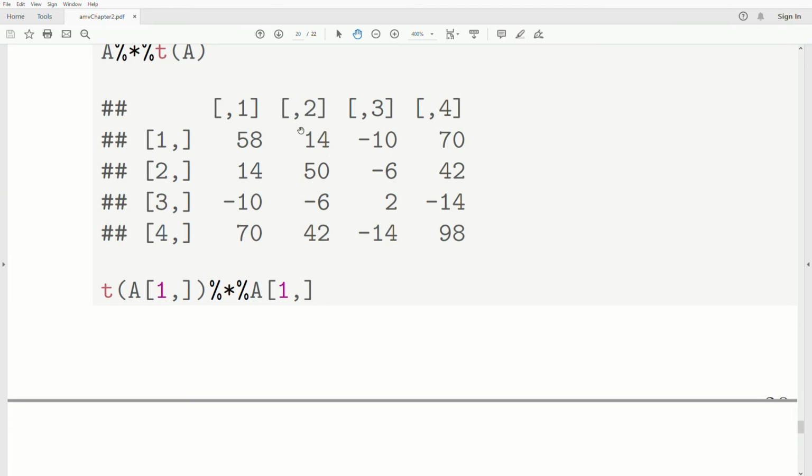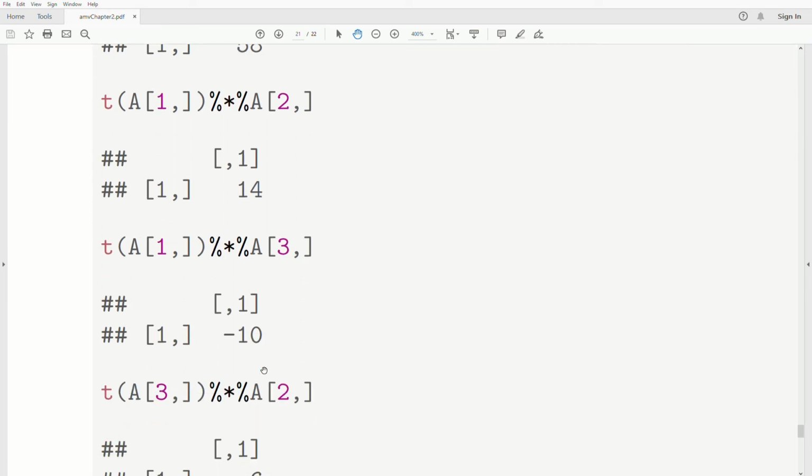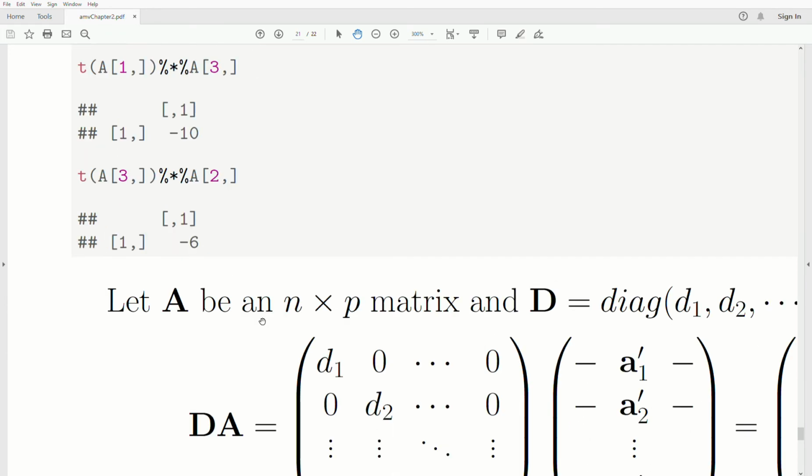This entry here is 1, 2, so it's row 1 dotted with row 2, and it should be 14. This is a vector transpose times this vector, and we get 14. And it's the same way for each of those. I won't go through all of them because there are too many.